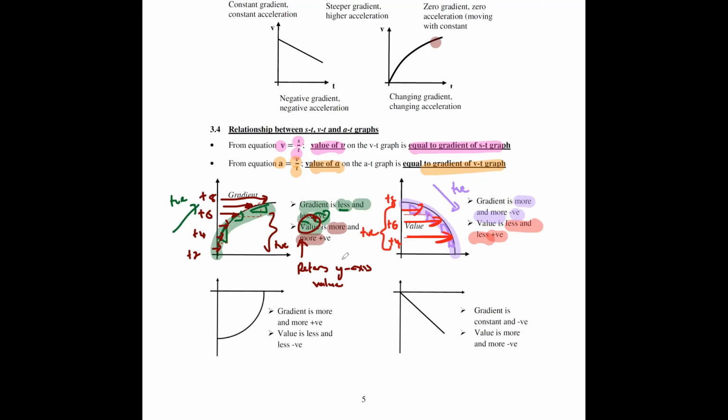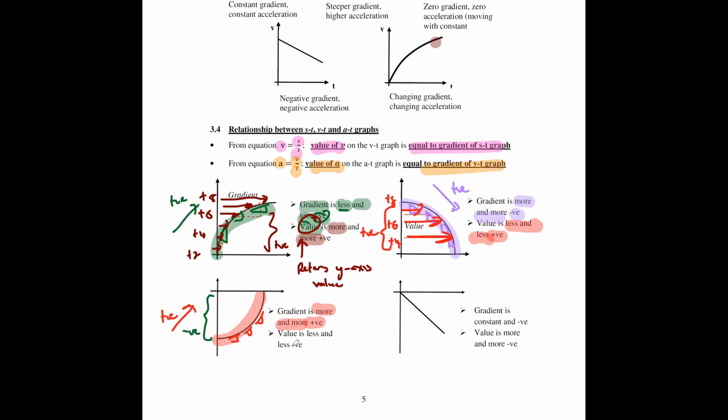Then you look at the third graph. The graph is pointing upwards, so it's a positive gradient, but you notice that it's becoming more and more steep. So it's more and more positive. But when you look at the values of the graph, the values on the y-axis, this is all negative.